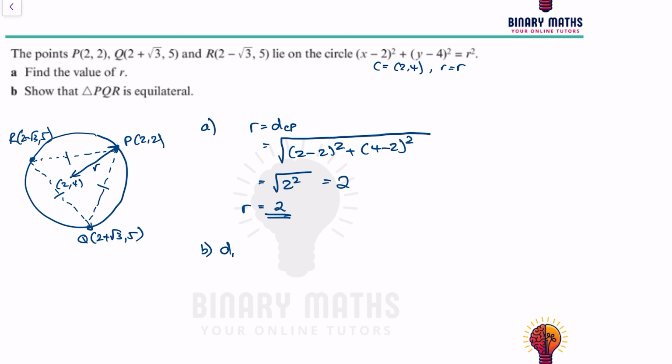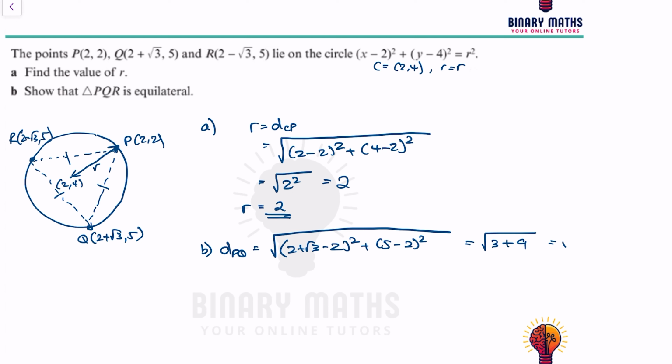Okay, distance between P to Q. Changing x squared, so (2 plus root 3 minus 2) squared plus (5 minus 2) squared, which gives me the root of 3 squared, which is 3, plus 5 minus 2 which is 3 squared, which is 9, which is root of 12.